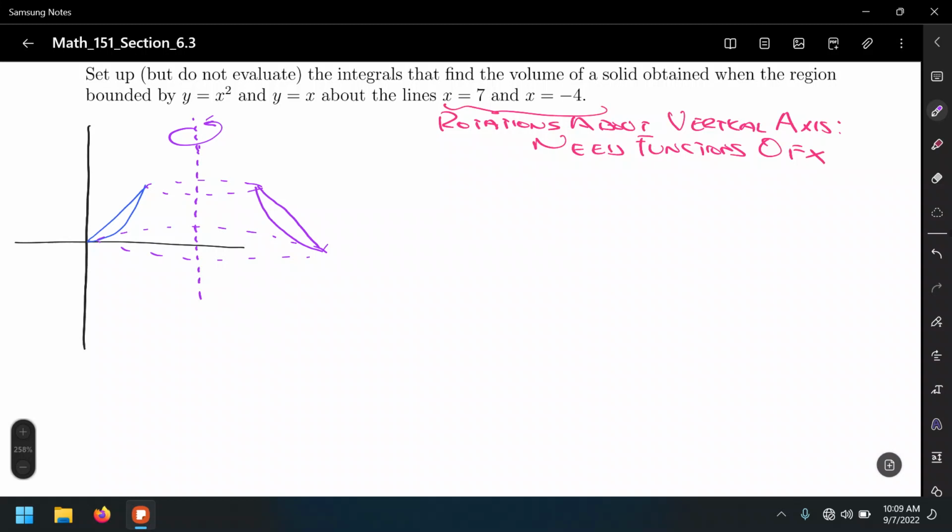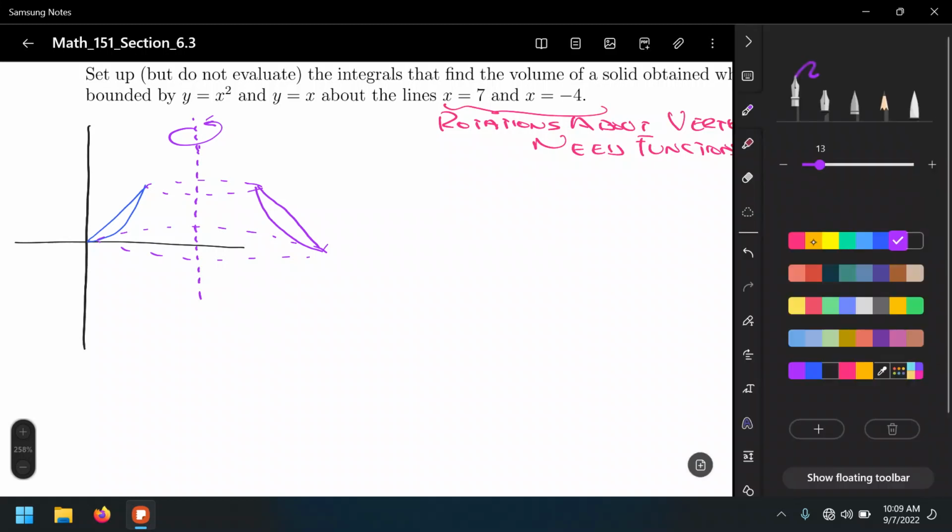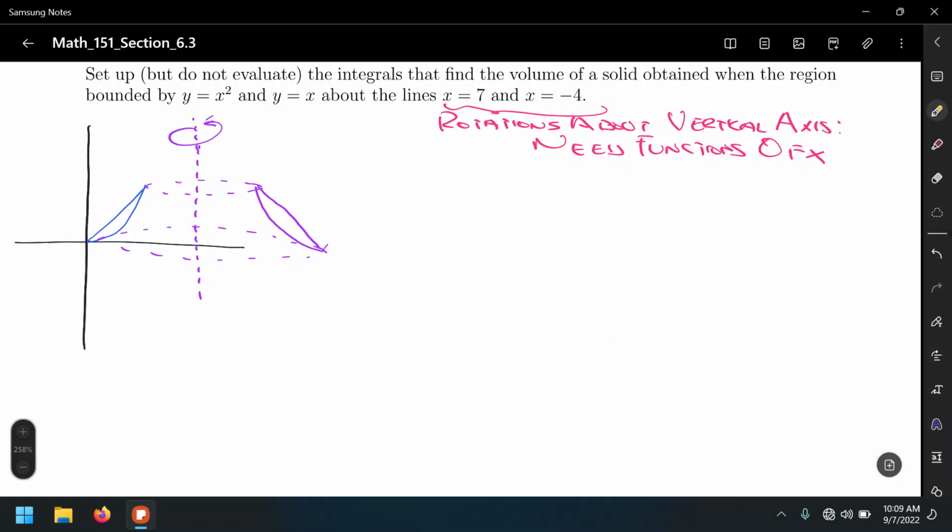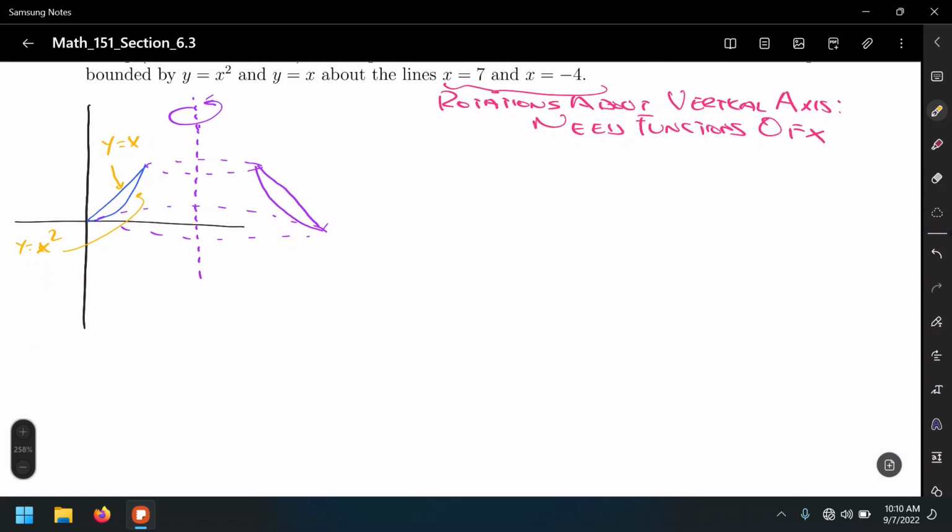So from here, let's see, what do we have? Number 1, since we are going to use functions of x, we are going to describe a top, which is y equals x, and the bottom, which is y equals x squared. In this case, we don't solve the equations like in the previous problem, because we're looking for functions of x and we're given functions of x in this case.